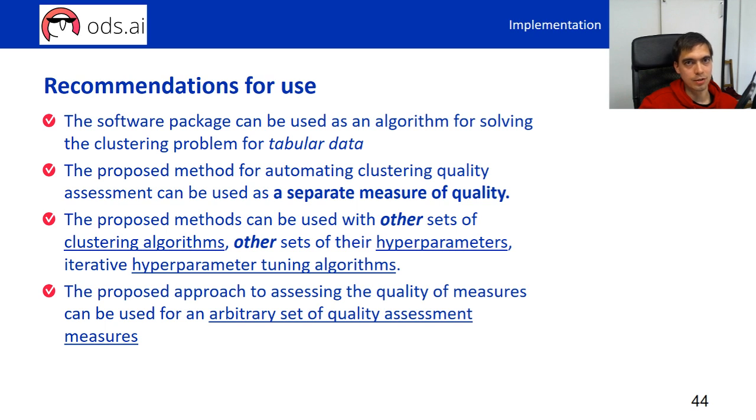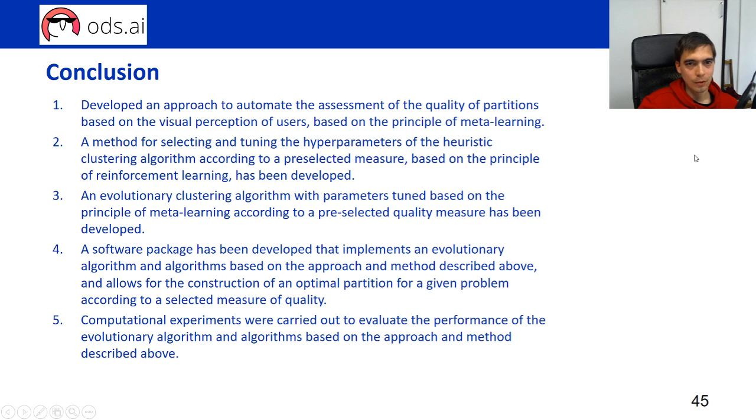So instead of the 19 CVIs, the quality measures that we mentioned above, you can use your own set. The approach stays the same. Summing up, we can conclude that all the tasks stated in the beginning have been successfully completed, and the goal of our research has been achieved.